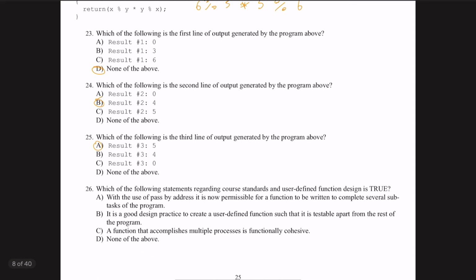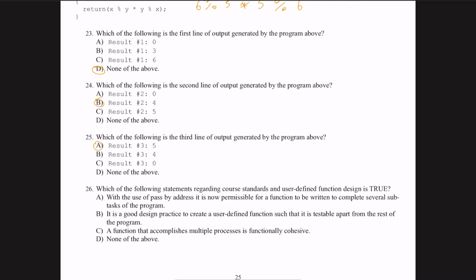Question 26. Which of the following statements regarding course standards and user-defined function design is true? A. With the use of pass-by-address, it is now permissible for a function to be written to complete several subtasks of the program. So this is false. Remember that functions will always need to solve only one task to have good function design and good program design.